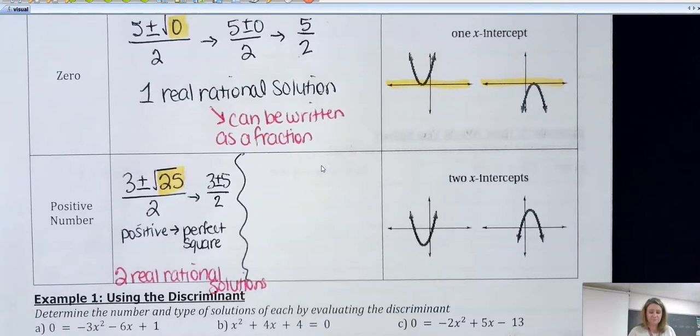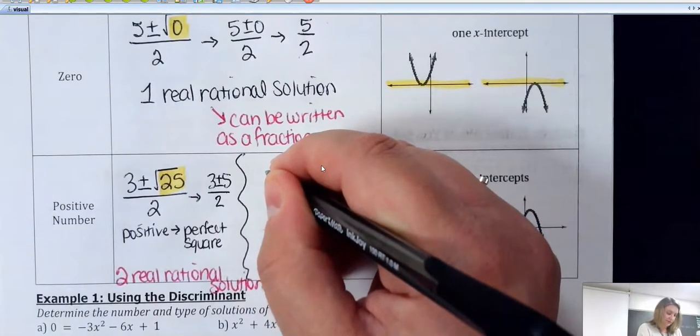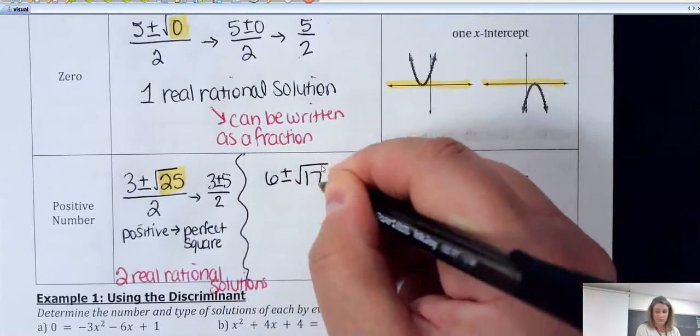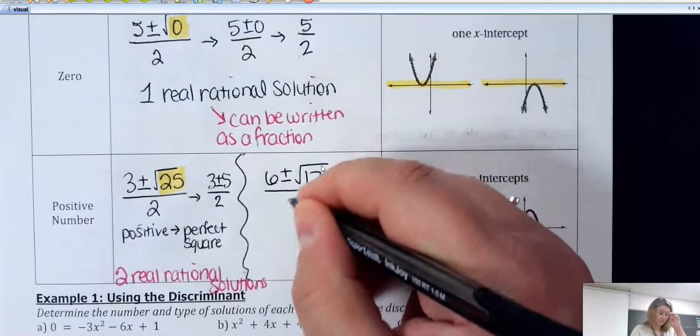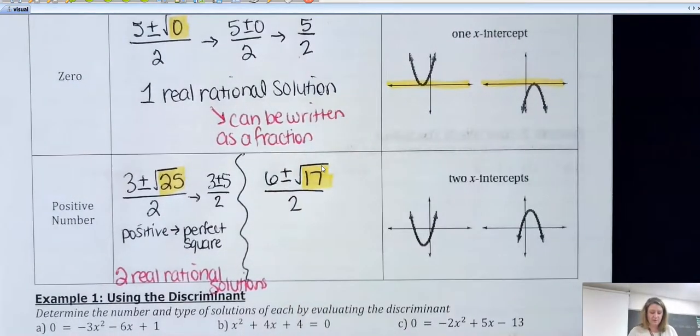If you have a positive discriminant and it's a perfect square. Okay, other thing that can happen, again, I'm just making something up, so let's do 6 plus or minus, let's say we got 17 when we did b squared minus 4ac. So not a perfect square, but a positive number.